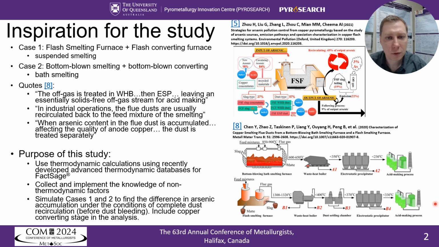Something that was not very clear from both studies was how much arsenic bypassed the gas cleaning system and proceeded to the acid making process. In our simulation, we assumed the complete dust recirculation until arsenic levels achieve steady-state conditions before the dust bleeding is necessary.